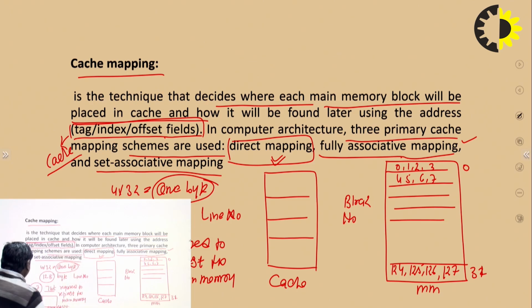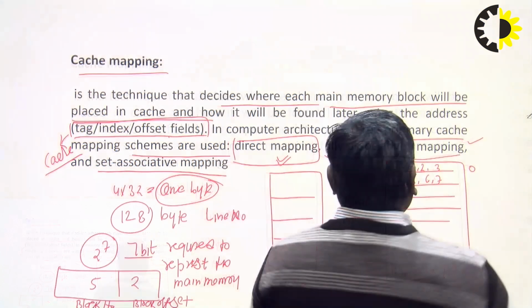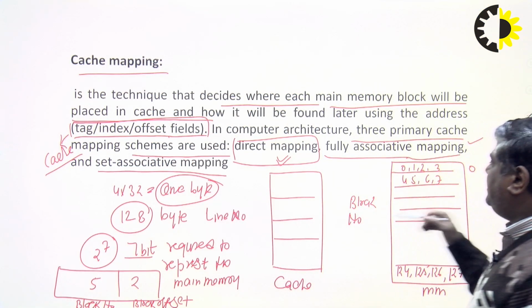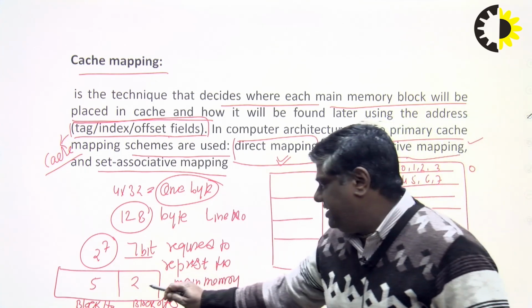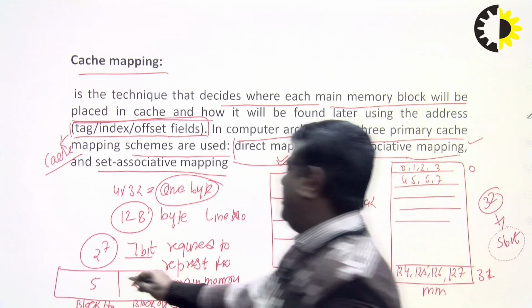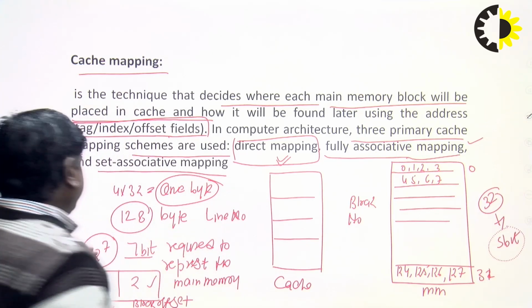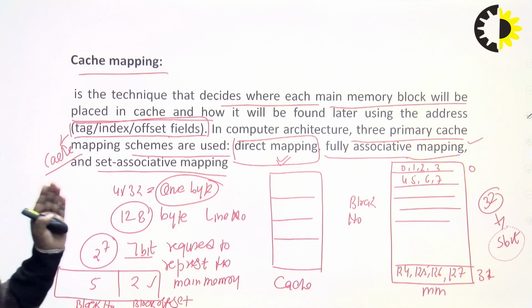It means it requires 5 bits, and each block contains 4 words, and the minimum bits required to represent 4 is 2 bits, and 32 blocks are represented by 5 bits. Now, it means the physical address is represented in this format in the main memory.